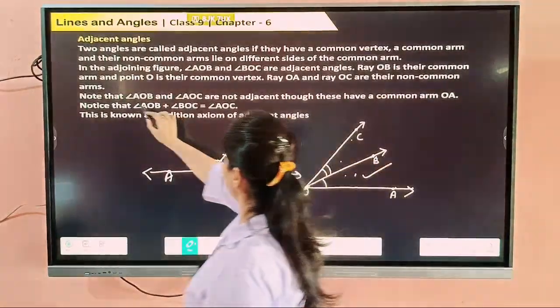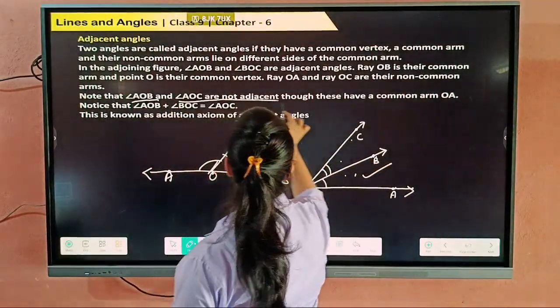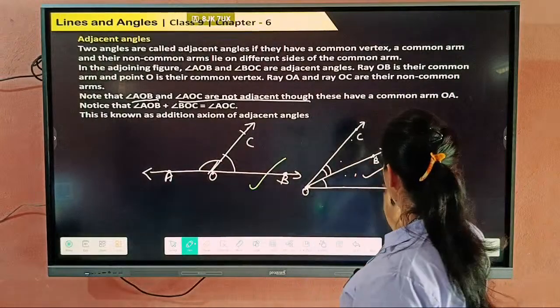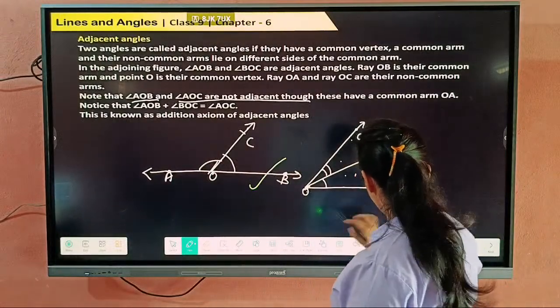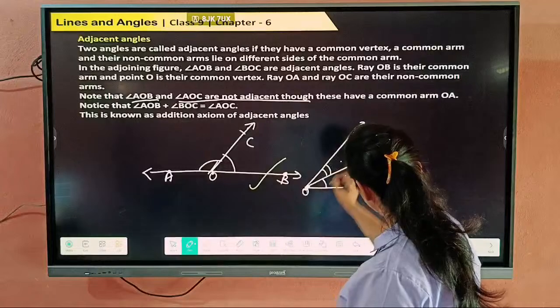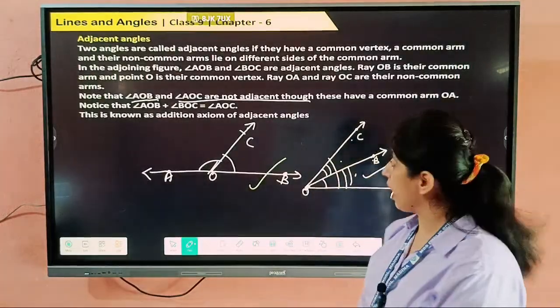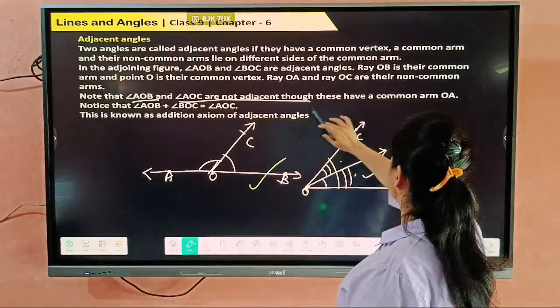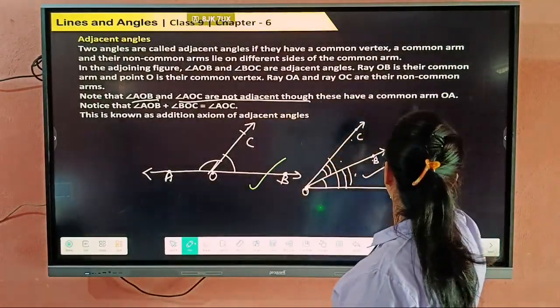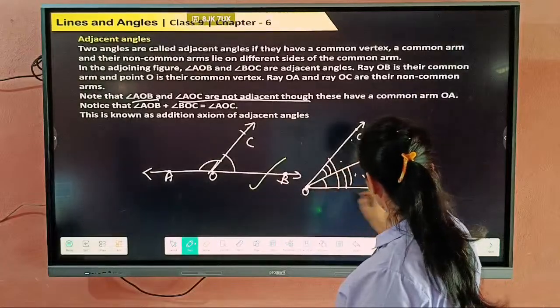Note that angle AOB and AOC are not adjacent. Look, this angle AOB and this full angle AOC, these two are not adjacent because they have only one common arm, OA. This is OA.